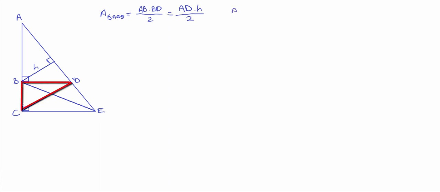Now I would like to calculate the area of the triangle BCD. The area of the triangle BCD is going to be the base BD times the height is going to be CB divided by 2. Next, I'm going to calculate the area of the triangle BDE.